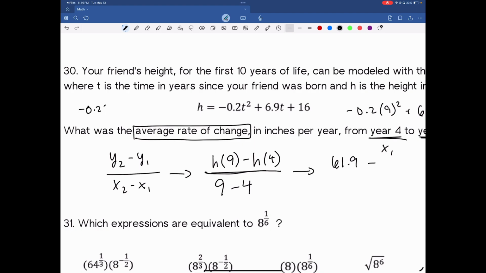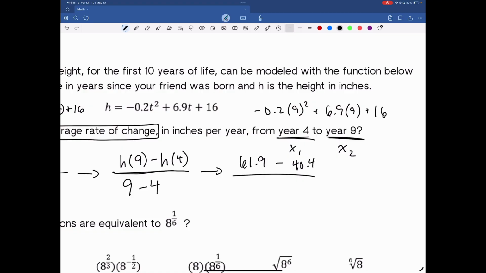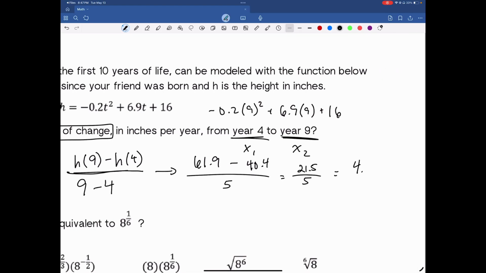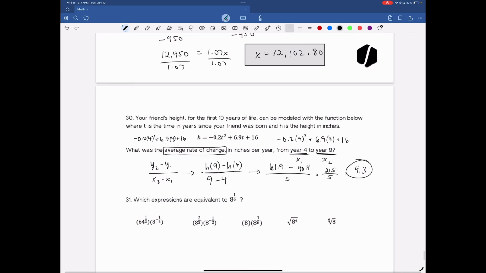Negative 0.2 times 4 squared plus 6.9 times 4 plus 16. Put that into our calculator, and we get 40.4. And that's going to be over 5, since 9 minus 4 is 5. So 61.9 minus 40.4 is 21.5 over 5, which is 4.3. So the average rate of change is going to be 4.3.